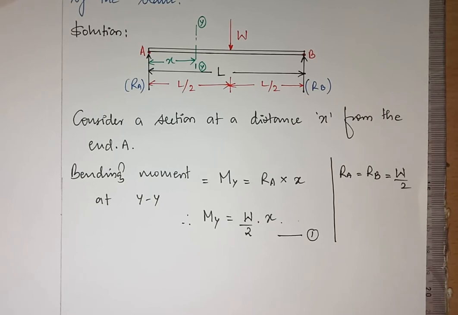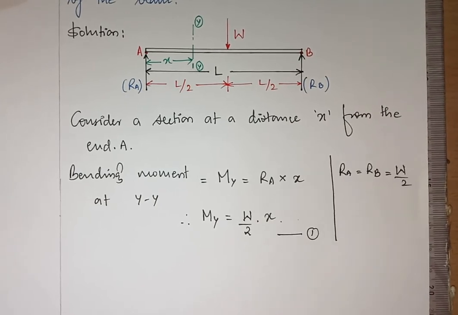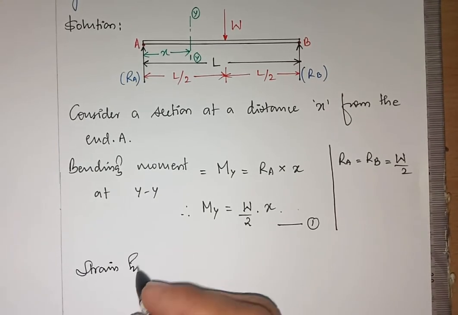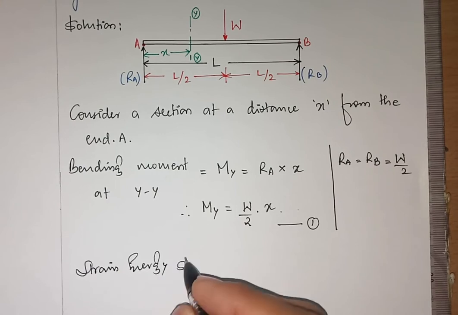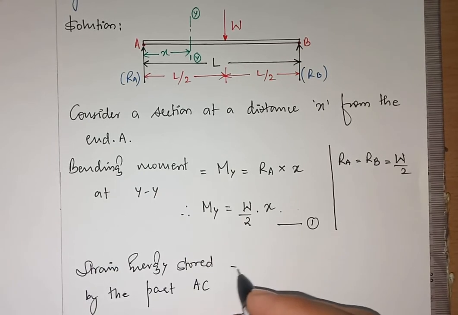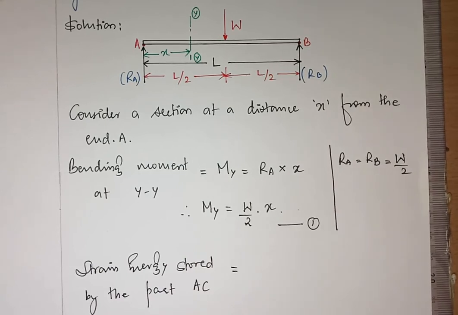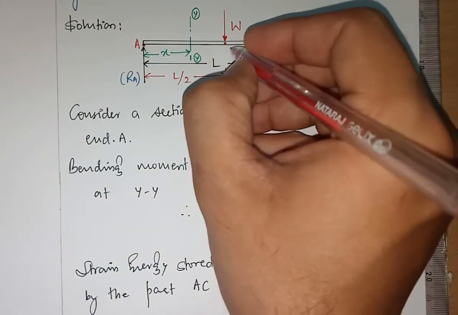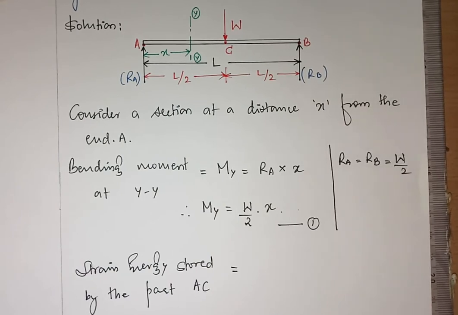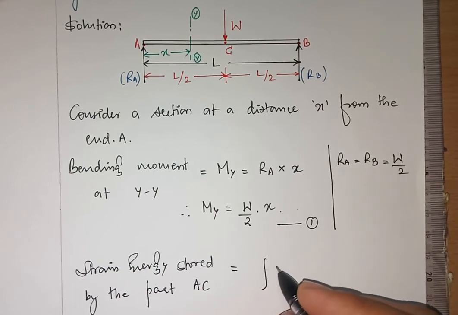So let me start. Strain energy stored by the part AC. I'll take it as AC because I'll take this point as C. So for the first 50% or half the length of the beam, the strain energy stored is equal to the expression for strain energy in case of bending.